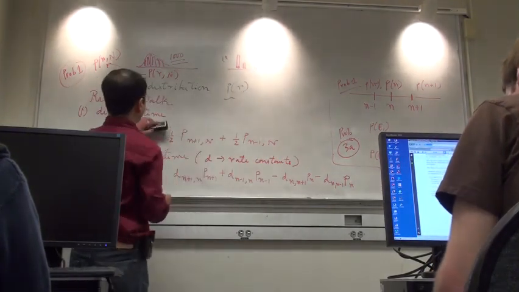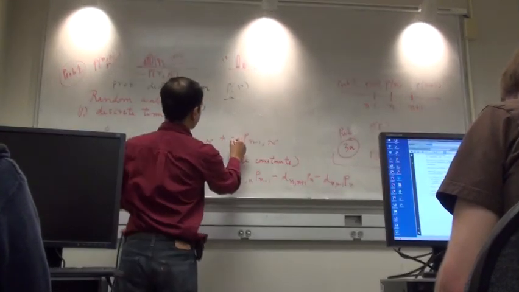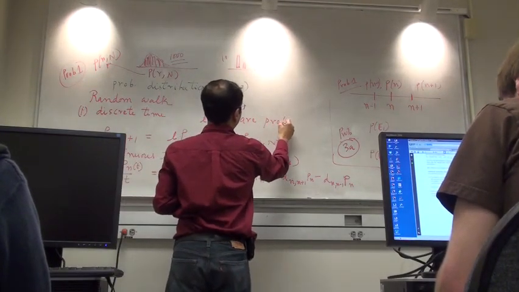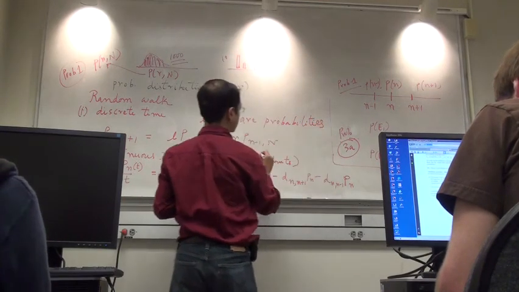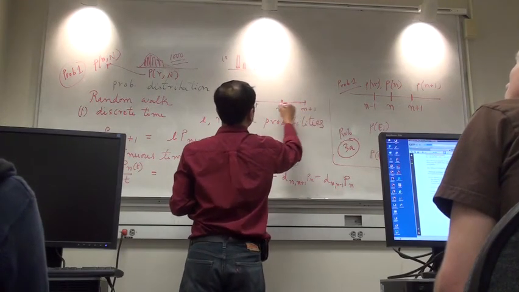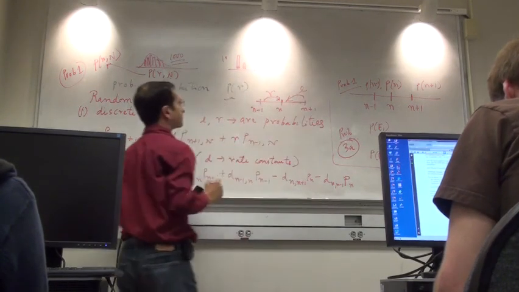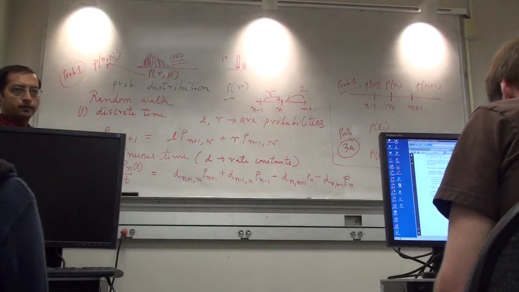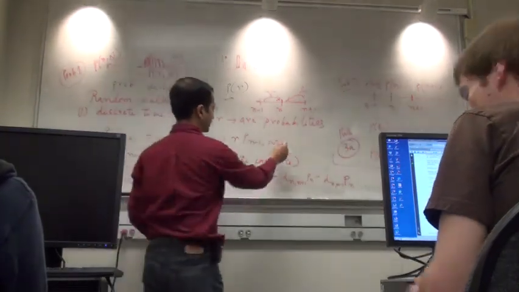Whereas here, if I just generalize the random walk with left, L and R are probabilities. You can also introduce some sort of weighting problem.